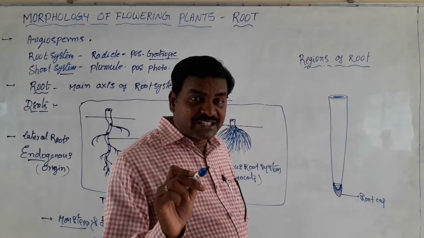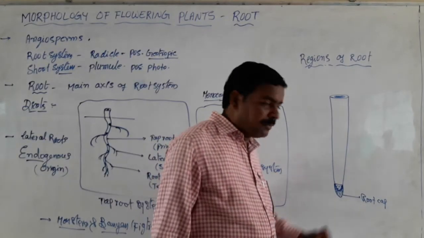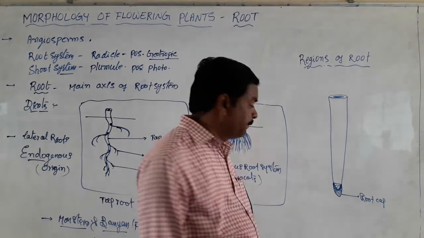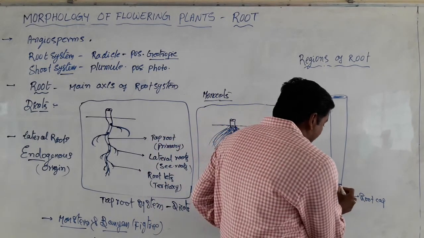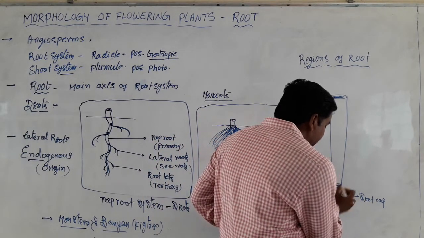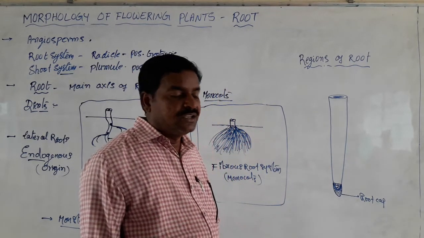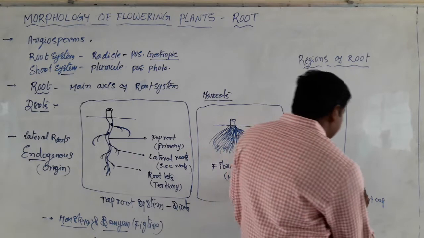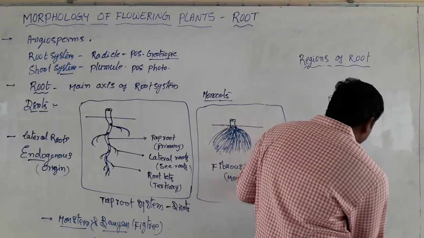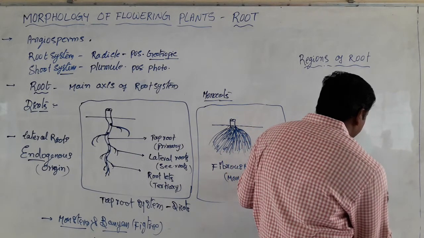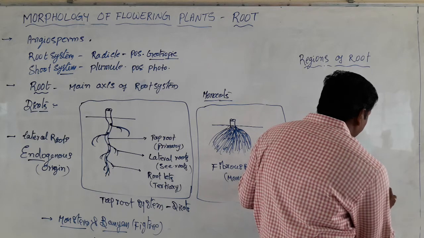A few millimeters above the root cap, there are actively dividing cells called meristems. Such a region is considered the region of meristematic activity.